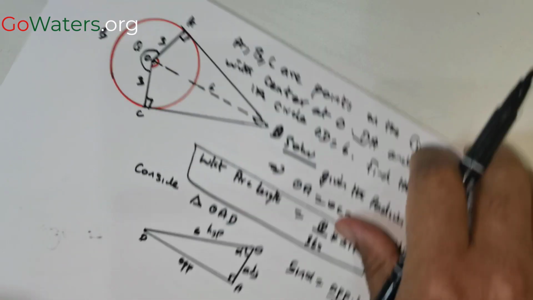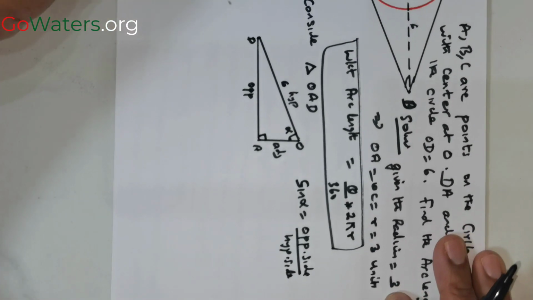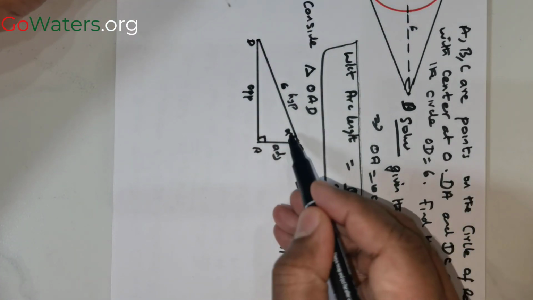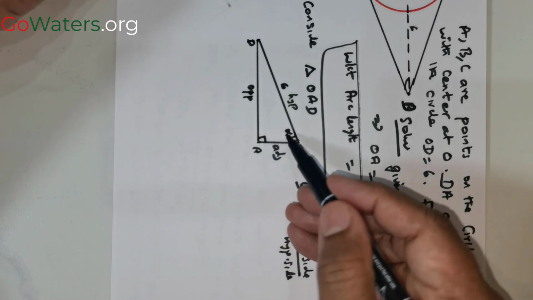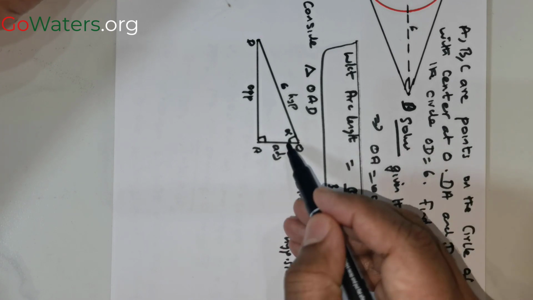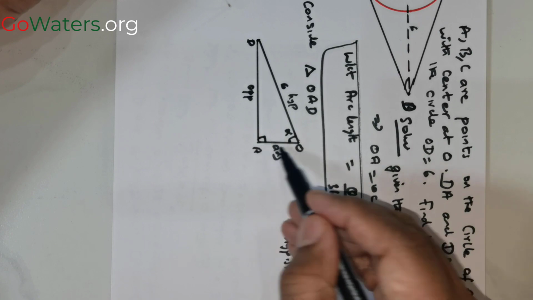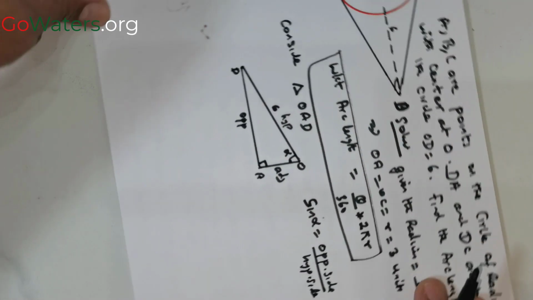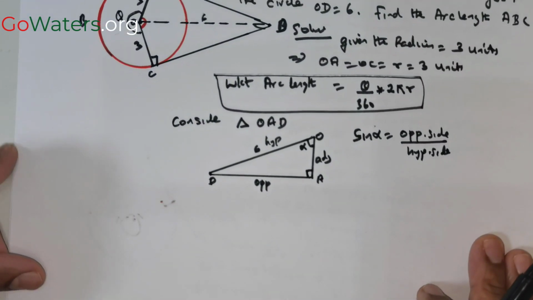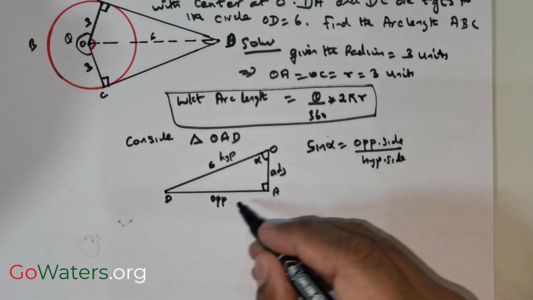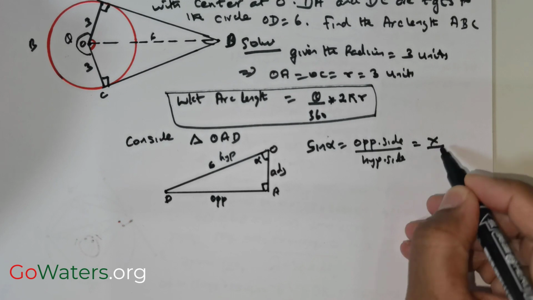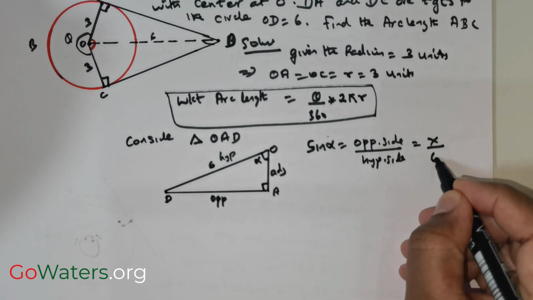The side that is opposite to the angle is the opposite side, and the side that is leaning and holding on to the angle alpha is the adjacent side. Of course this is the hypotenuse, there is no change in that. So if I write sine alpha is equal to the opposite side, which is x, over the hypotenuse, which is 6.